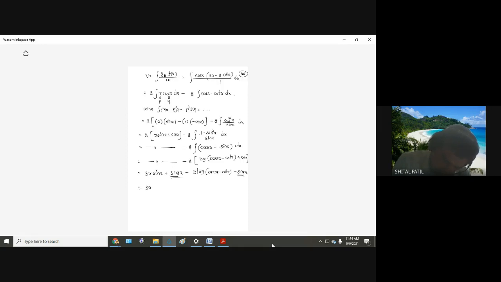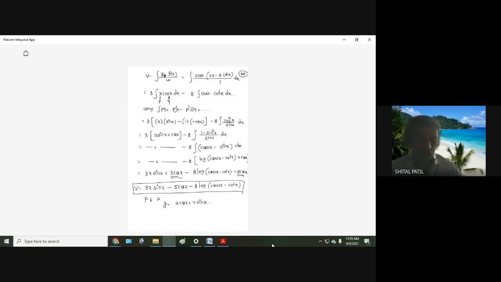That's it. Please do this yourself. U is known to us, V is known to us, substitute the value, find Y of P, and from there you try to write the general solution.